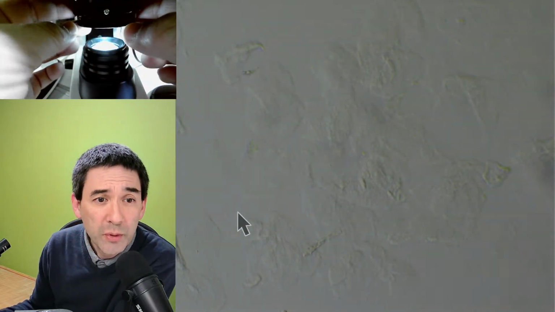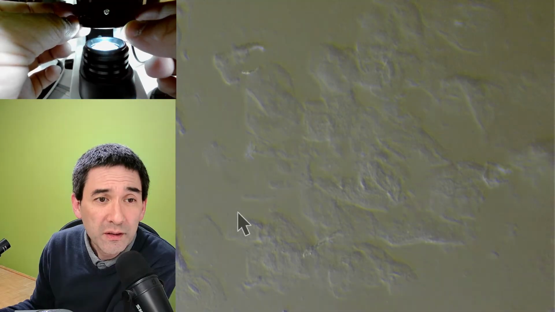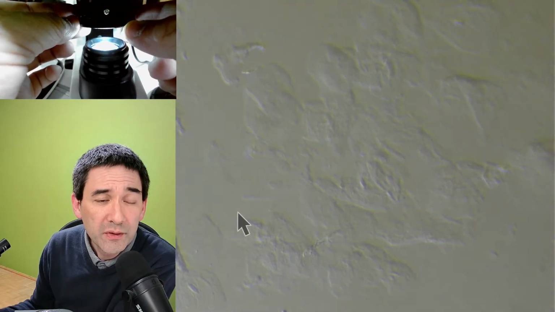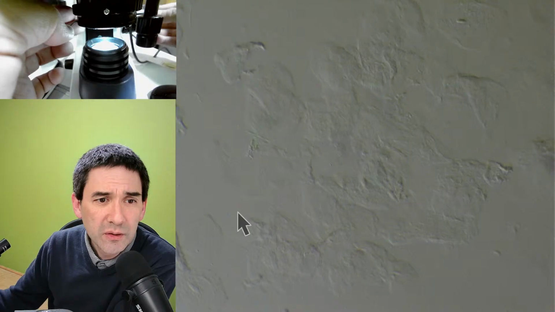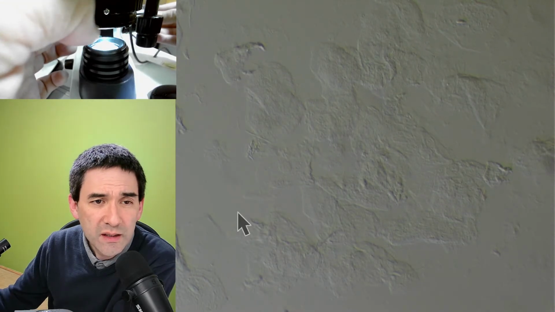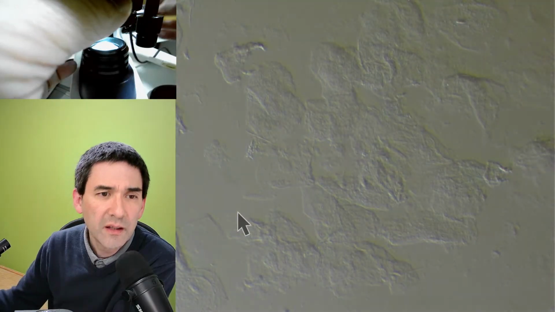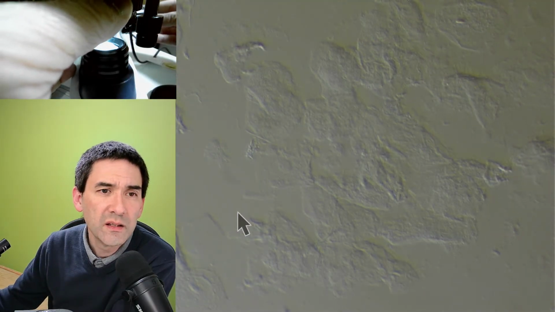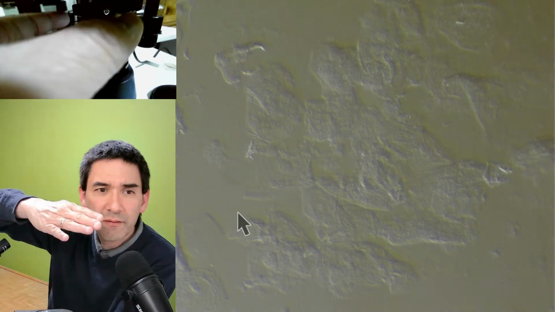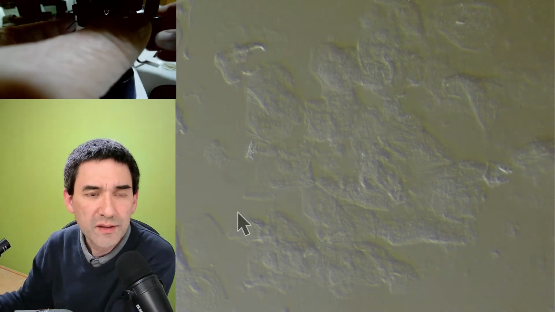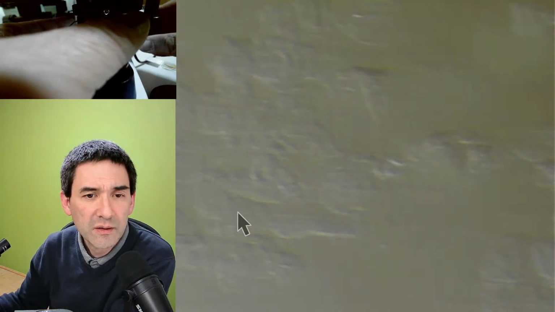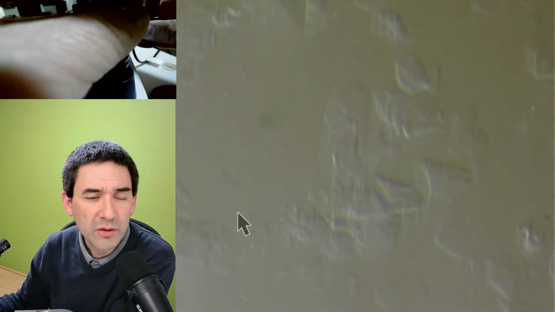I forgot to open the condenser, and now you actually see that the cells also seem to have this three-dimensional appearance. And they start to stand out.